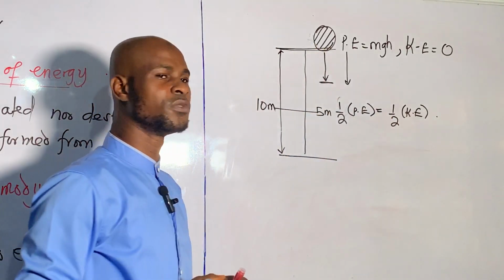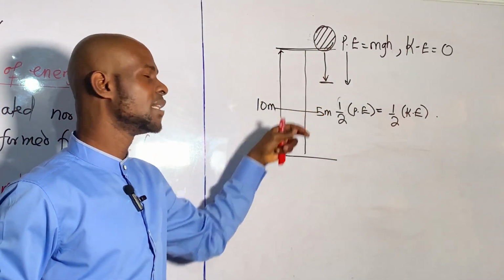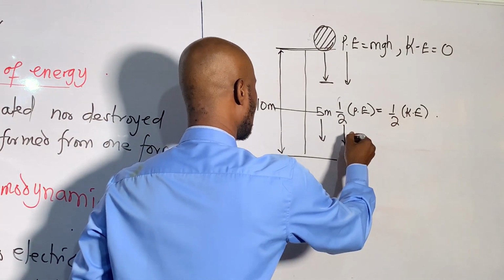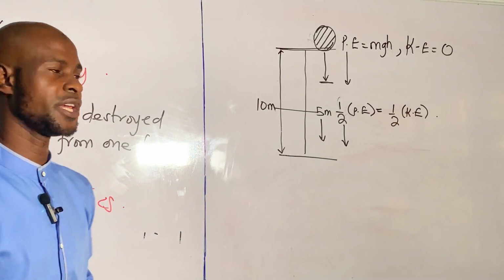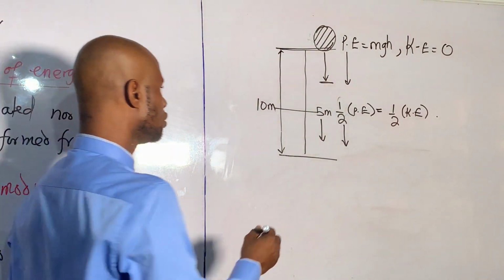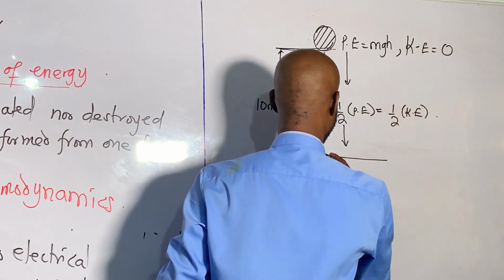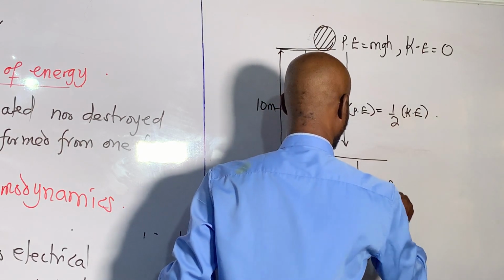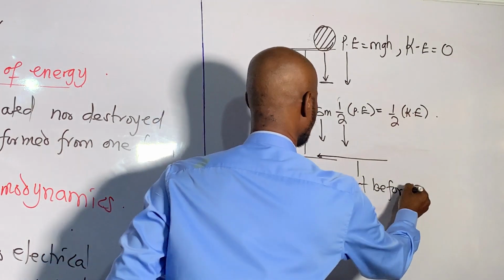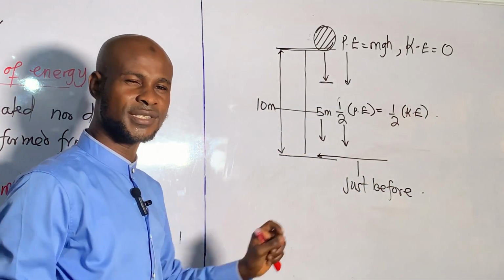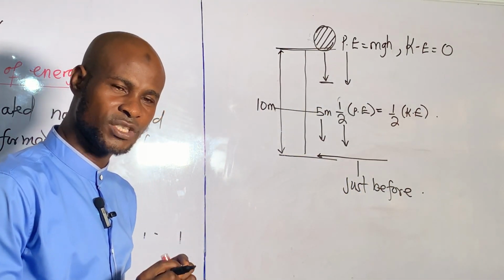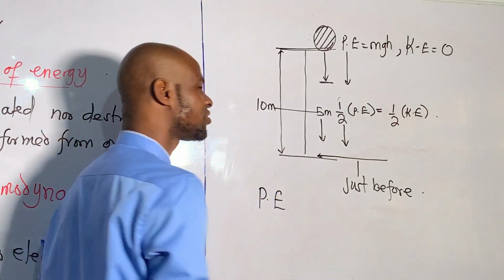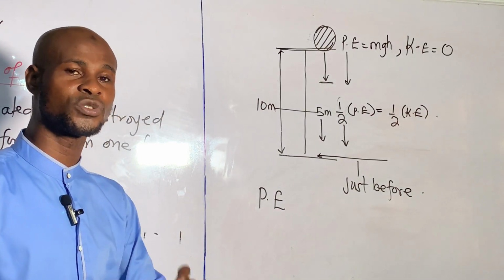So as the object continues to move downward, what happens? The potential energy continues to reduce and the kinetic energy continues to increase. Just before it hits the ground, just a very little amount of time before it hits the ground, potential energy has drastically reduced, almost going to zero.